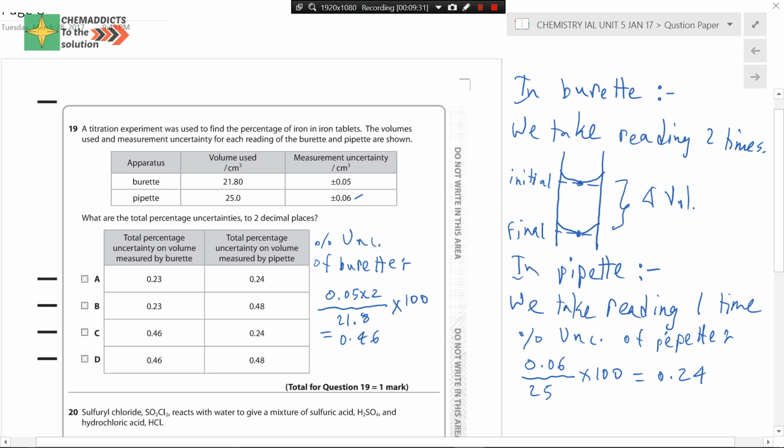So we need to multiply the uncertainty by 2 in the burette, and multiply the uncertainty by 1, or standalone, in the pipette, since we are taking the reading one time in the pipette. So fellas, that is why the answer should be C. C is the answer to this question.